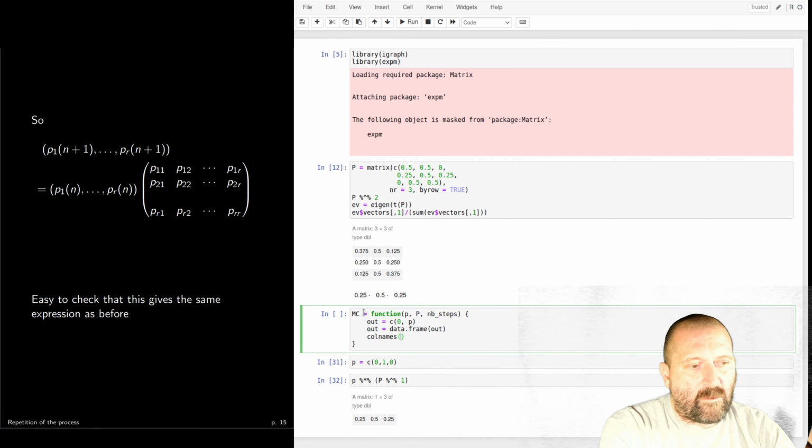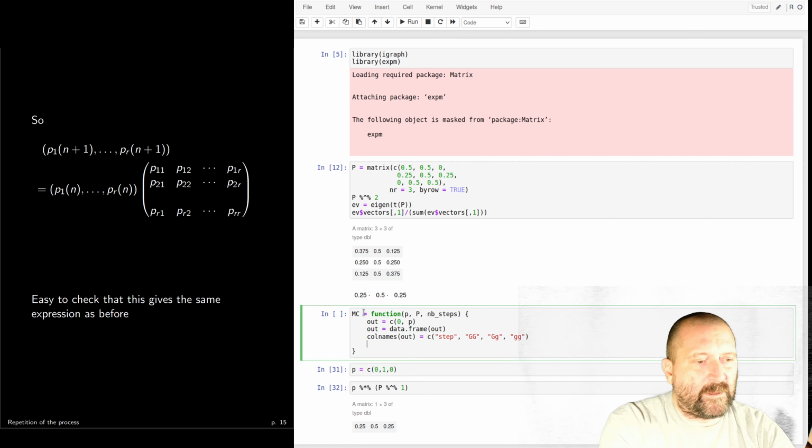So out is equal to c of, let's call it T for time, or it could be step, let's say step. And then I'm going to say this is g little g, and I'm going to return this result. This way I'll test things as we go.